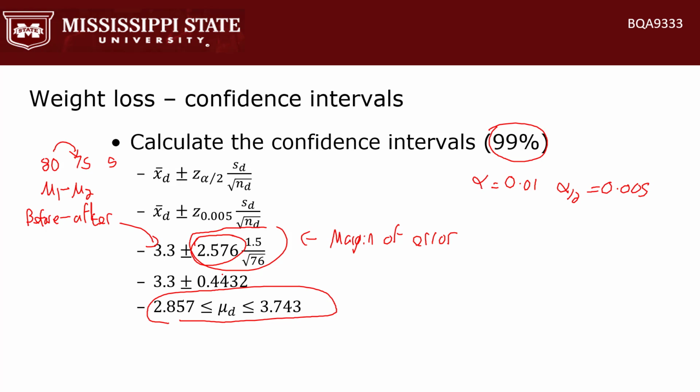And this is the time in the class I will shout out, what about a 95% confidence interval? Is that wider or narrower? And you would say it's narrower because we're less confident. This is the range of confidence for this difference in means. And also from the z table, that would be 1.96.